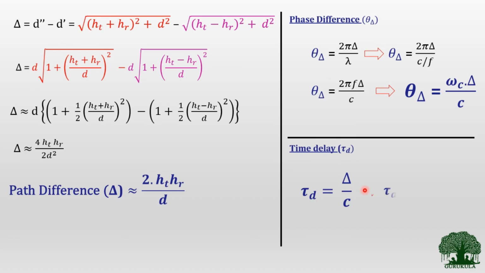I can also represent the time delay in terms of phase difference: theta delta divided by 2 pi f. The time delay is not going to contribute much in our derivation, but it still plays a very important role when we are solving problems related to the two-ray propagation model. So these are all the various terms which we wanted to compute to take the two-ray propagation model further.